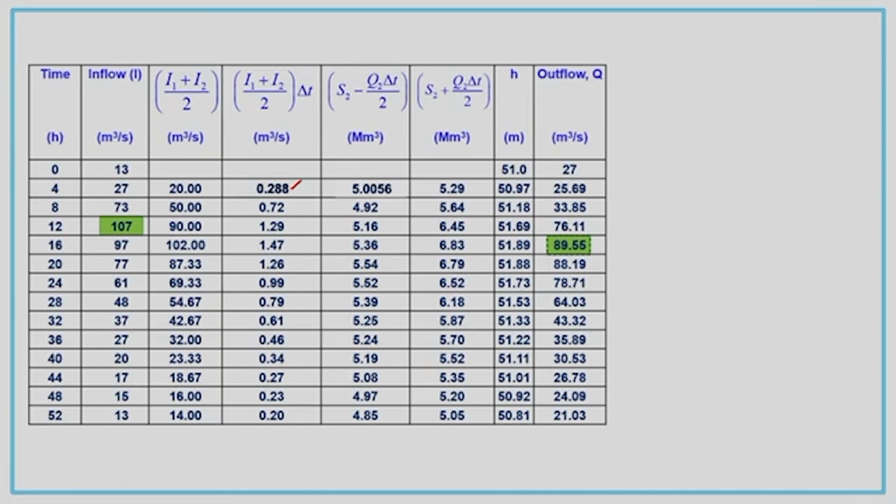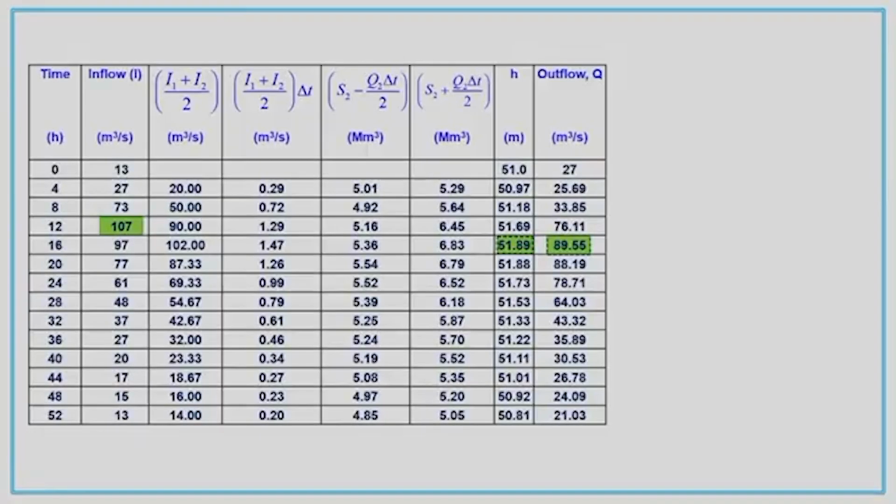So, the time lag we can find out from that, and also attenuation is obtained by taking the difference between the peak values of inflow and outflow hydrographs. The water level elevation corresponding to this peak of outflow hydrograph is 51.89. Maximum water level elevation is found out to be 51.89.